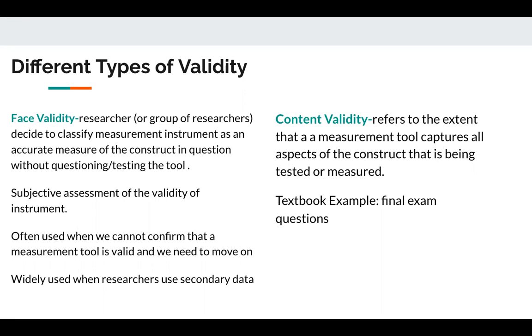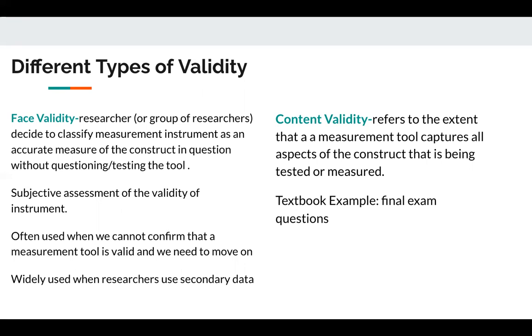This is widely used when people use secondary data, and they might not have access to the measurement tool, or even if they do, they can't recollect the data because it is secondary data.